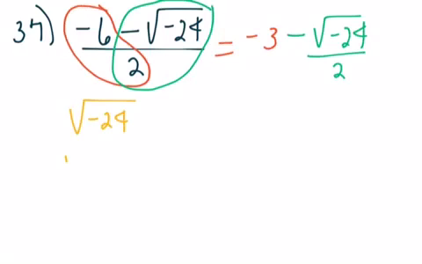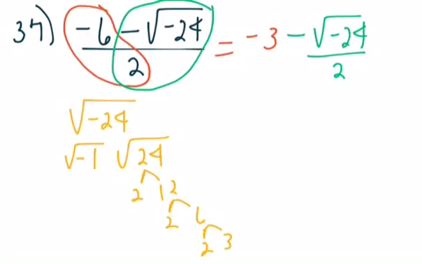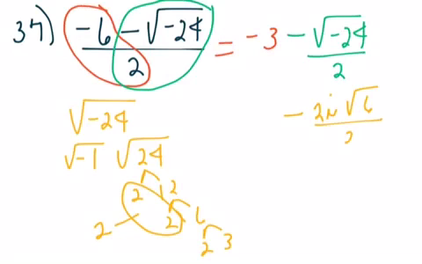That's square root of negative 1 times the square root of 24. But 24 is 2 times 12, which is 2 times 6, which is 2 times 3. For every 2, we're going to take out 1. So that's negative 2i square root of 6 over 2. And then we still have our negative 3 in front.